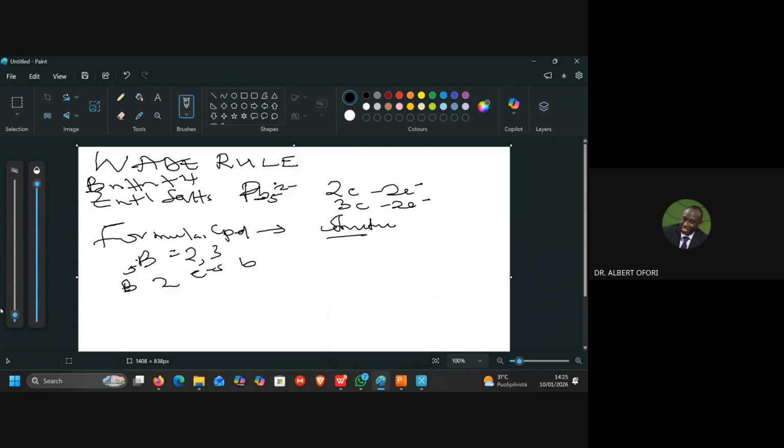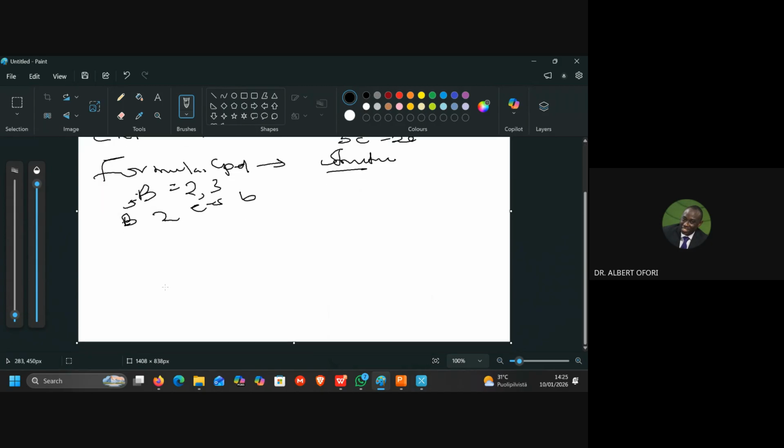But then the various shapes, the various structures which boranes form, are in the form of what we call closo, nido, arachno, and hypho. These are the shapes. I'm going to be drawing them for you to see.